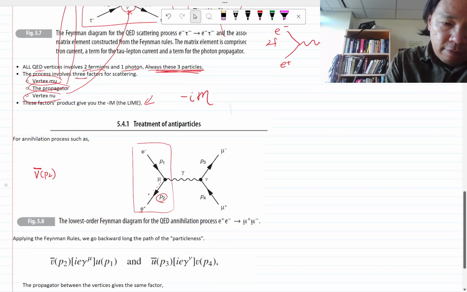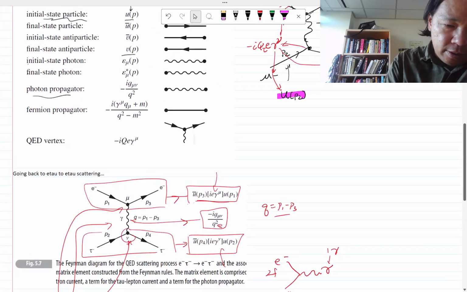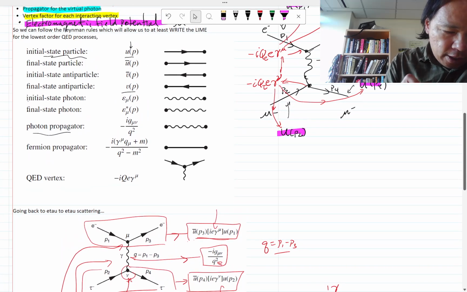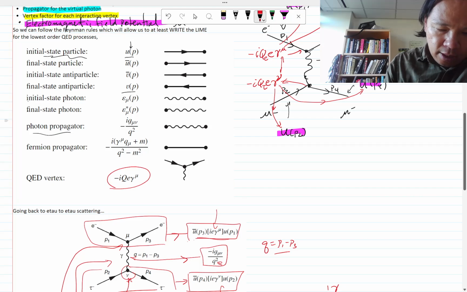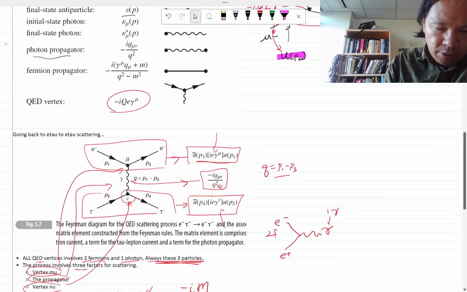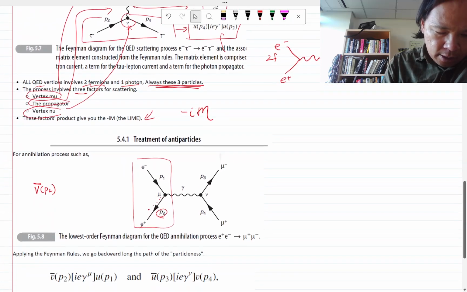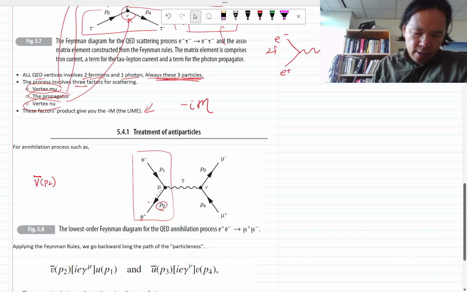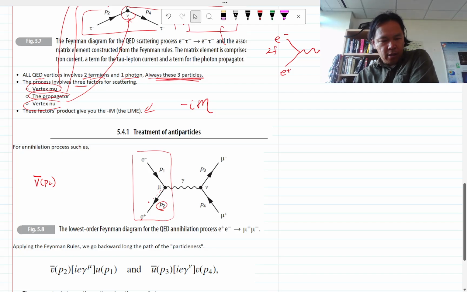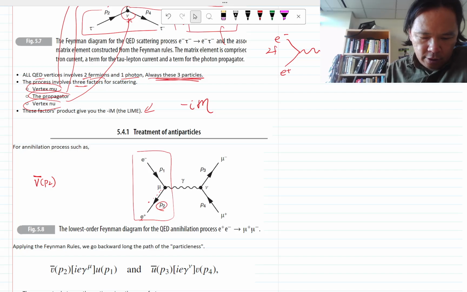Following the Feynman rules, any vertex gives you negative q times the elementary charge times gamma mu. But what does this mean in this case? Is this a positive or a negative charge?